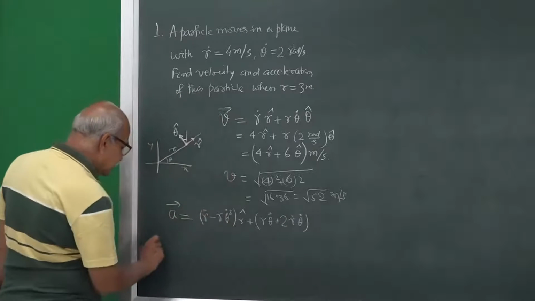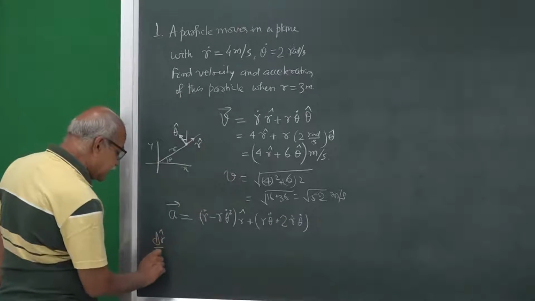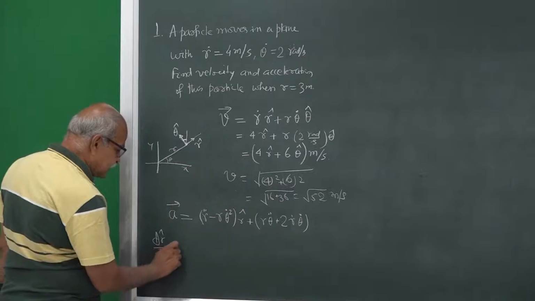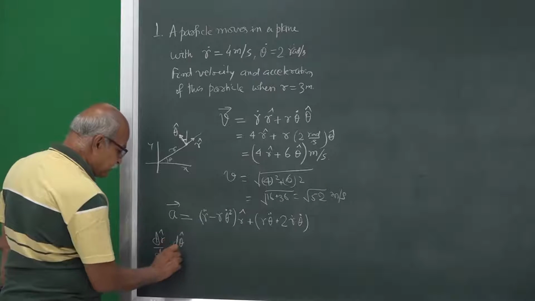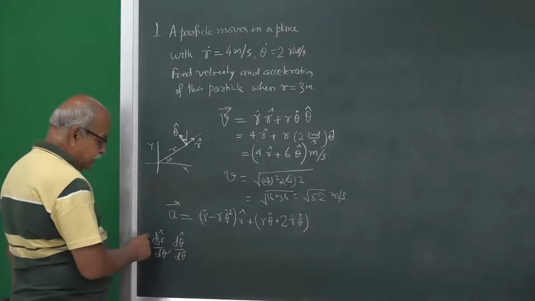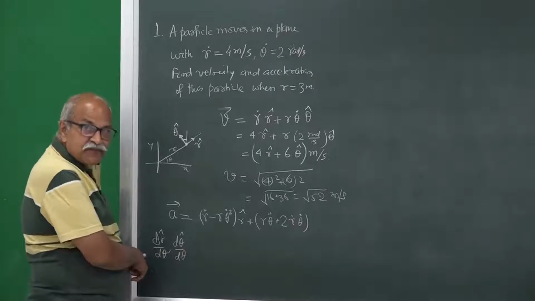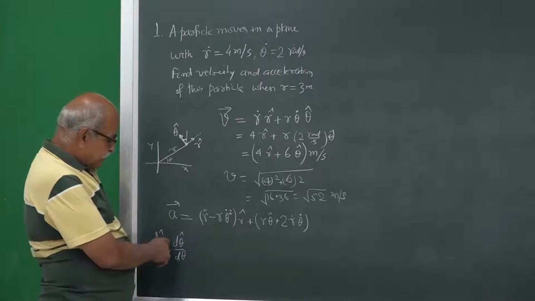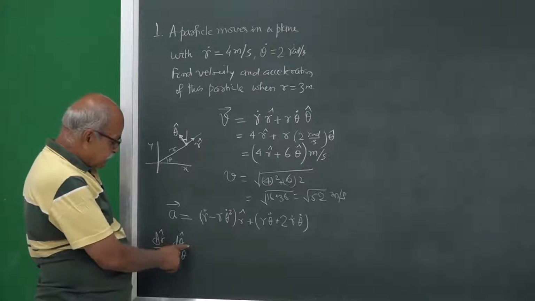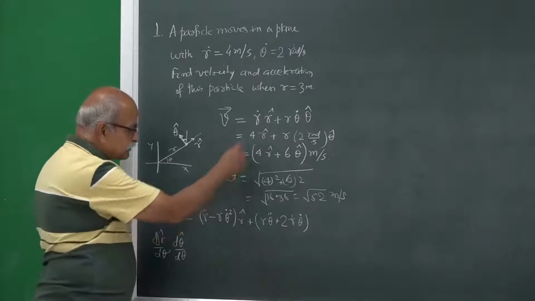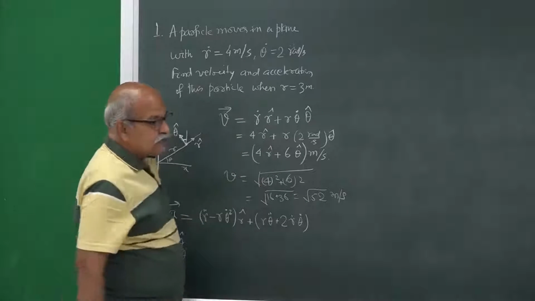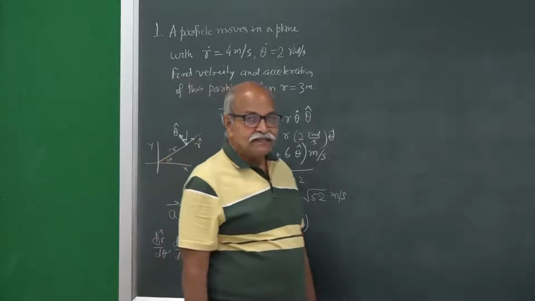We had done dr cap by d theta and d theta cap by d theta, and if you are differentiating with respect to time, you also have to differentiate with respect to time here. So, theta dot will be used here, and then you can get this relation.